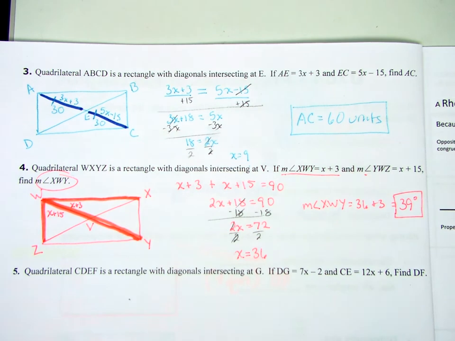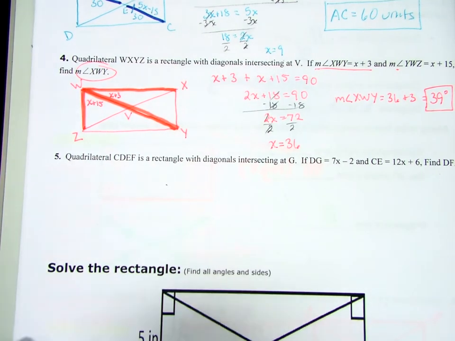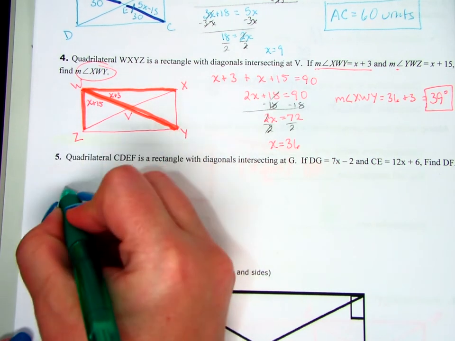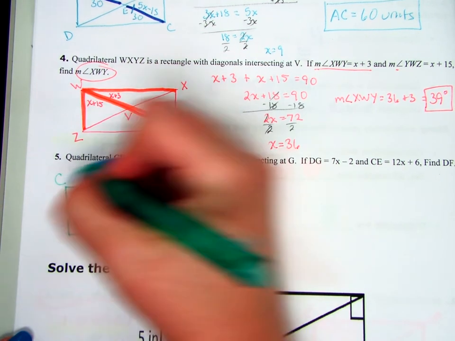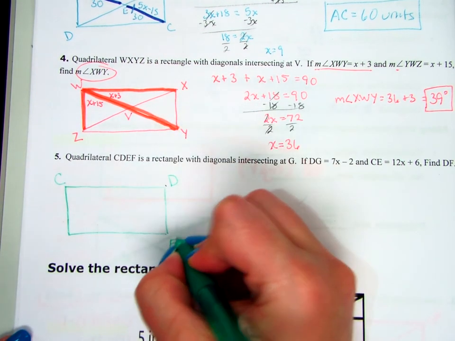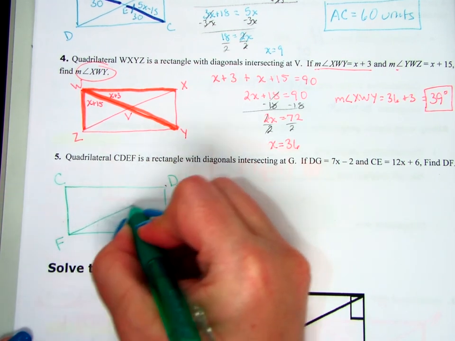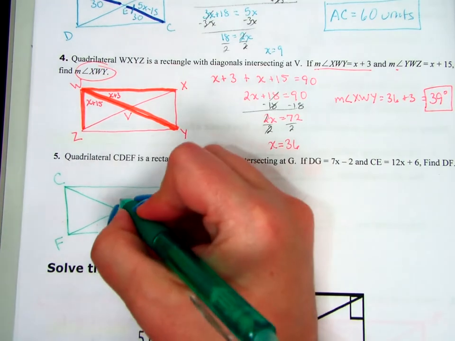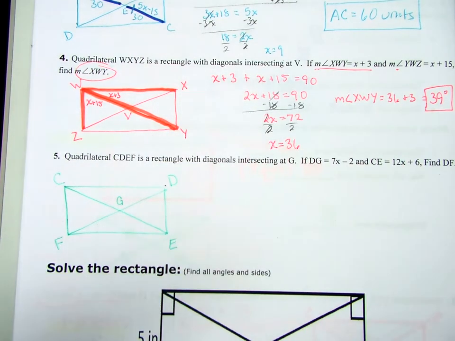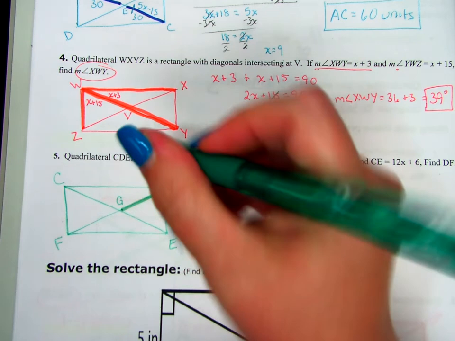All right, number 5. Quadrilateral CDEF is a rectangle with diagonals intersecting at G. CDEF, like you're walking around the figure. Diagonals intersecting at G. DG is 7x minus 2.